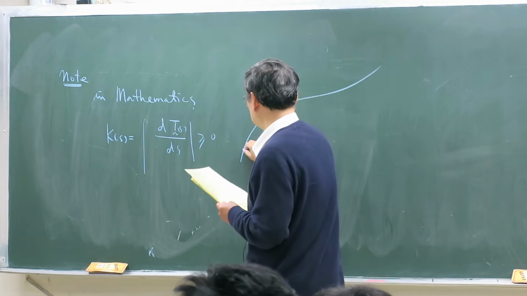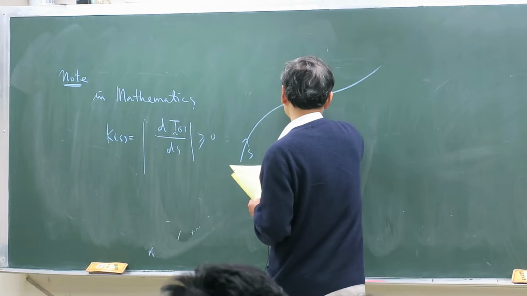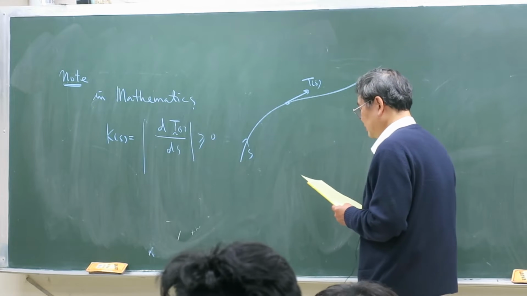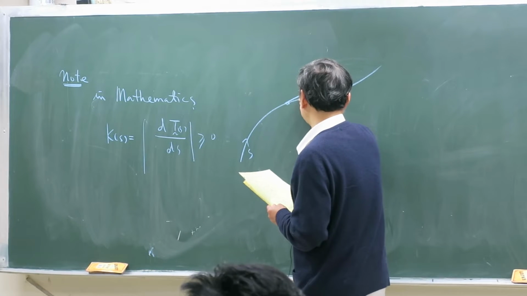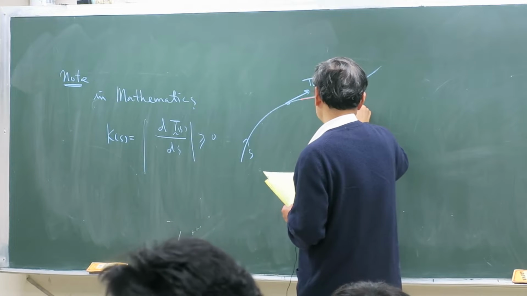This is my arc length, and at some point I have a tangent vector t at s. After some distance, I have a tangent vector t at s plus delta s.